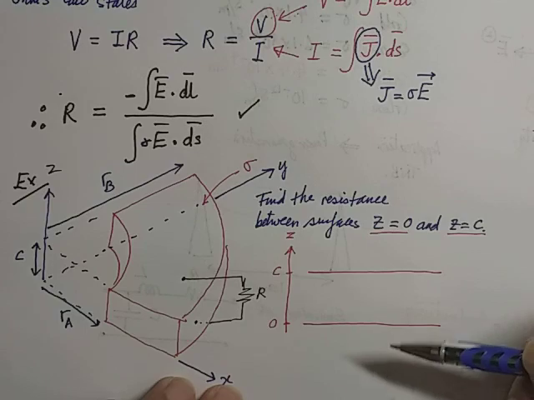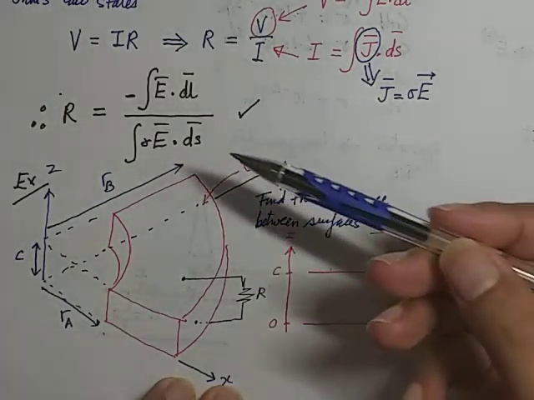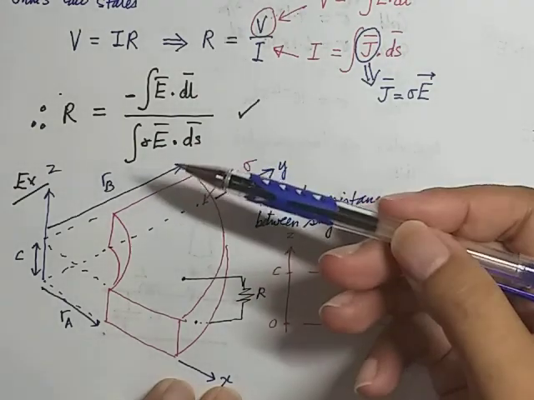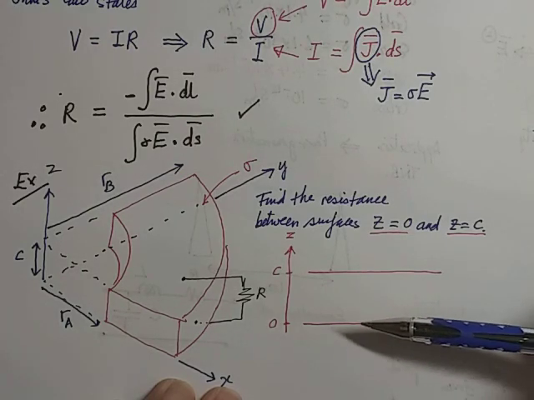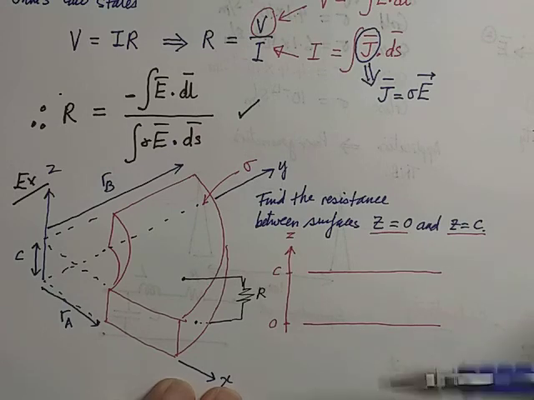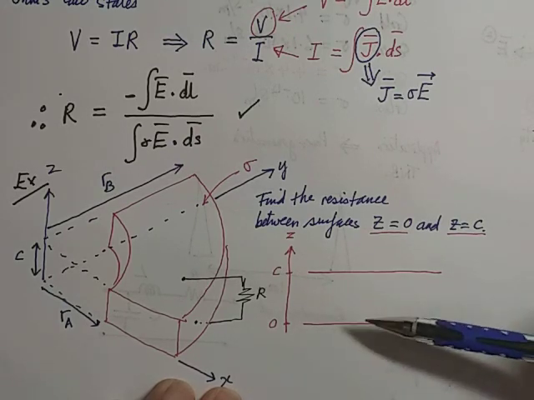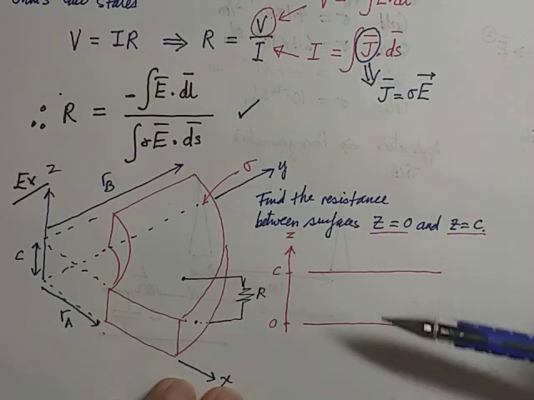Without this electric field, we can't proceed using this equation. The only way for us to use this equation is to be able to imagine how E should appear in this diagram. So we need to imagine the field appearing in this particular model.